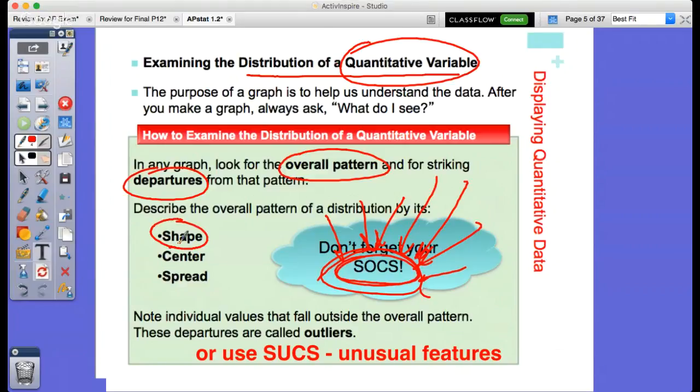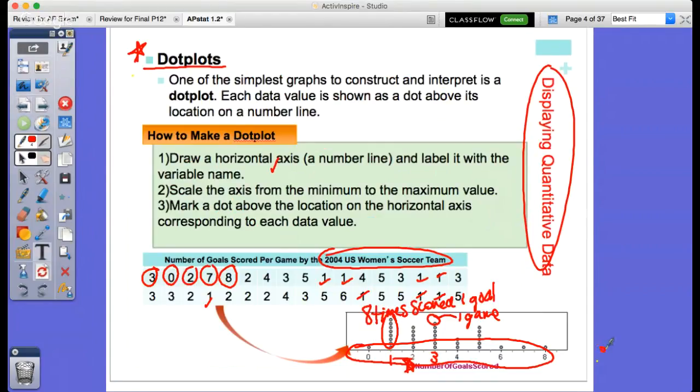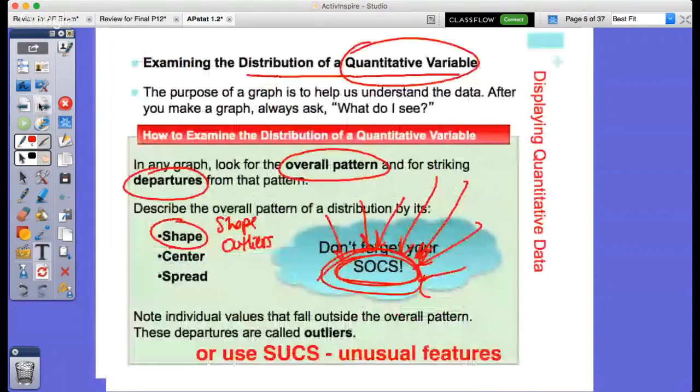We talk about outliers. An example of an outlier would be a dot that was way out away from all the rest of the distribution. What is the center, and what is the spread? So we have shape, outliers, center, and spread, and that's how we describe a distribution that is quantitative. Okay.